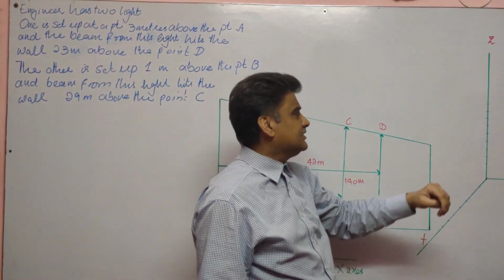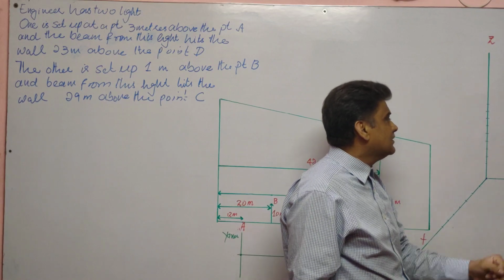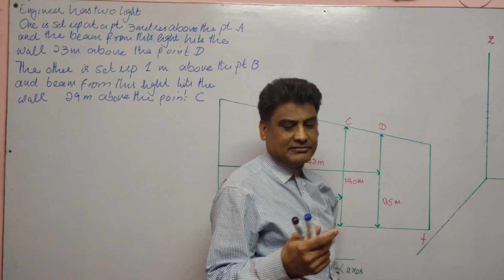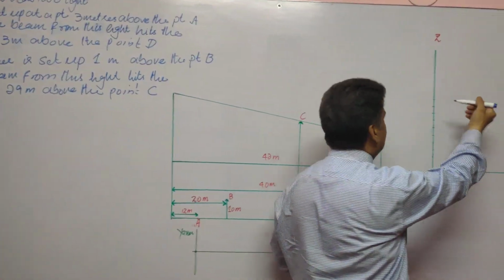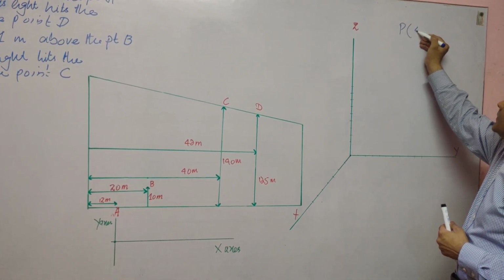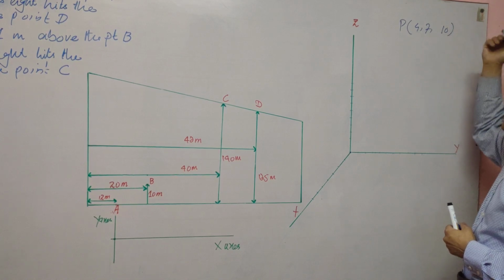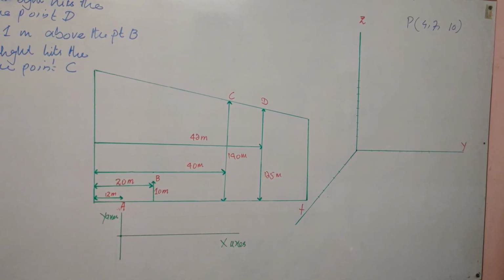In three-dimensional space, there are three mutually perpendicular planes: XY plane, YZ plane, and ZX plane. For example, if we have a point P with coordinates 4, 7 and 10, we have to locate this point.